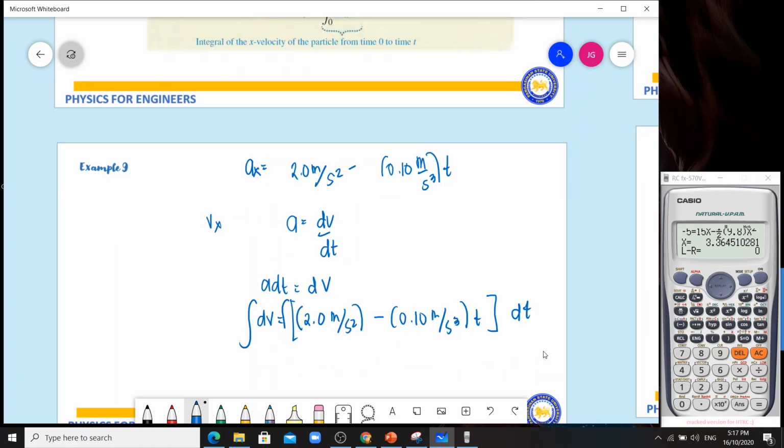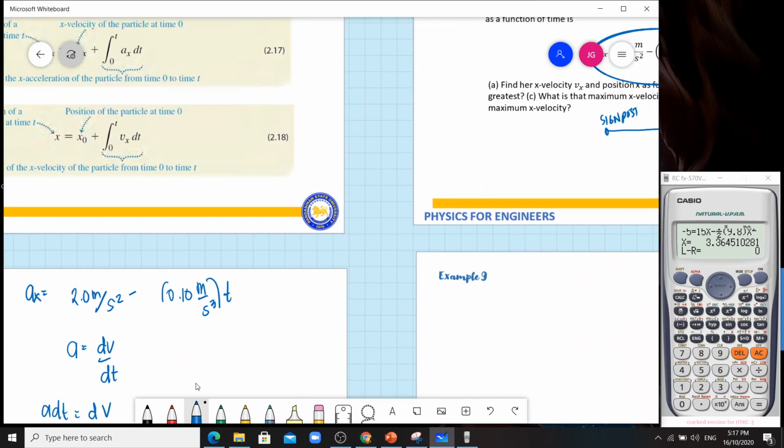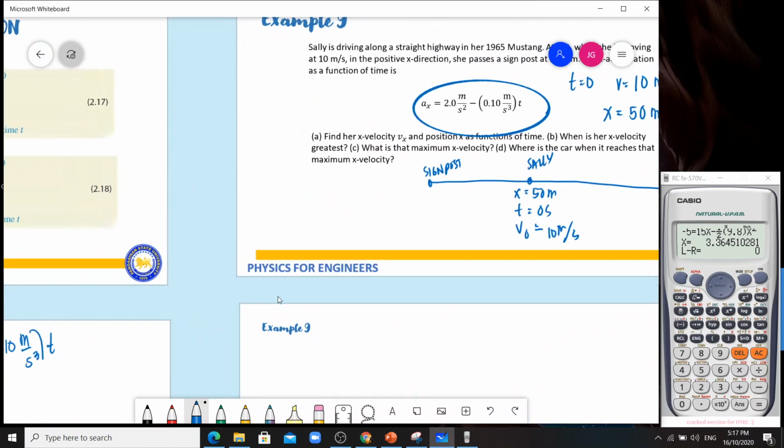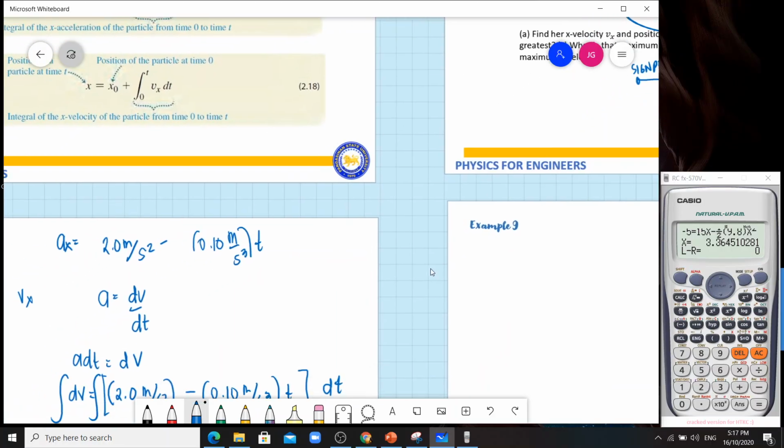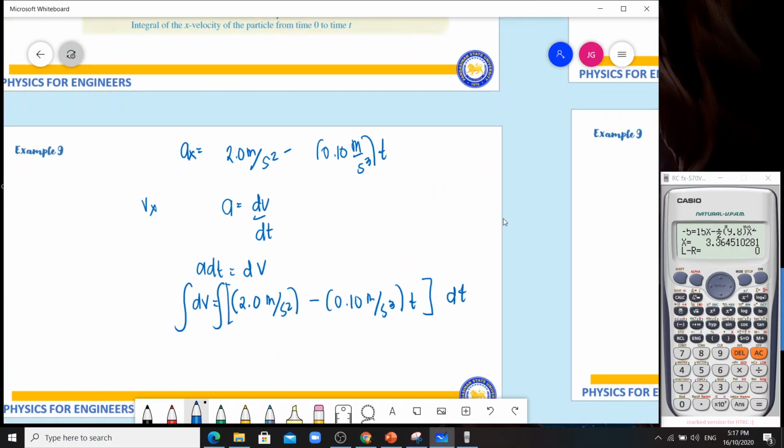Okay. So, now, pwede na natin siyang i-integrate in terms of the function of t. So, integrate natin. Ang initial velocity nito is 10. Okay. 10 to v. And then 0 to t. Okay.